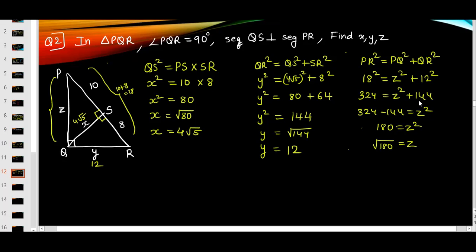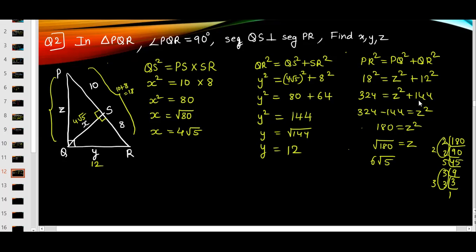Square root of 180. How to find out this? Let us find the factors. 2 times 9, 2 times 4, 5, 5 times 9, 3 times 3, 3 times 1. This becomes one pair. This becomes another pair. So 3 times 2 will come outside and inside will remain 5, because it does not have any pair.